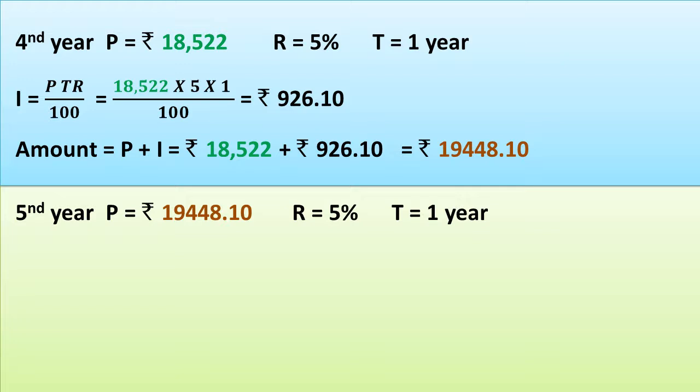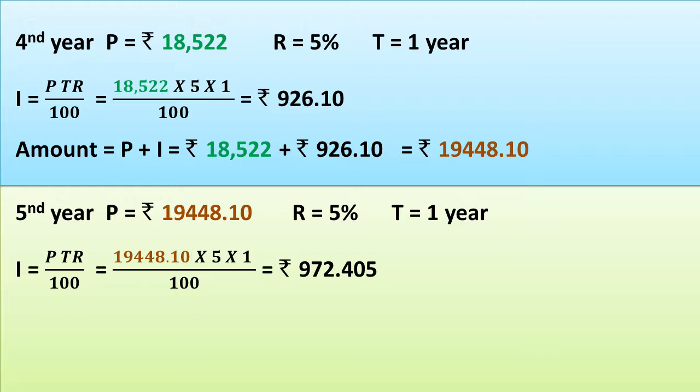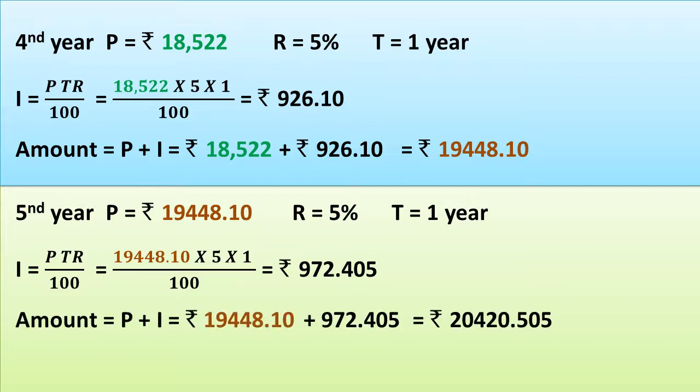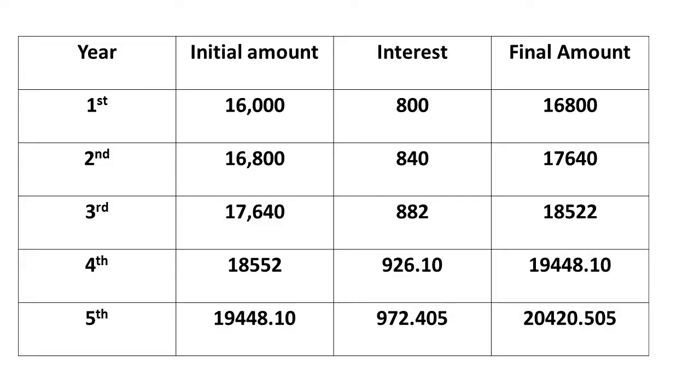The interest calculated at the end of the fifth year will be equal to rupees 972.405 and the amount will be equal to 20,420.505. Here again you can easily identify: the amount of the first year, 16,800, is the principal for the second year. The amount of rupees 17,640 is the third year principal, that is, the second year amount and the principal are the same.